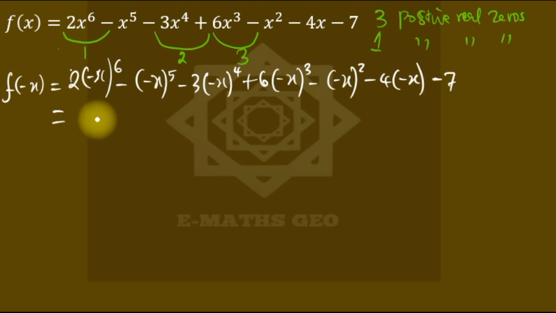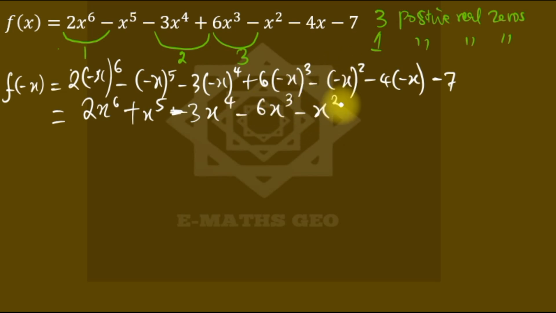This is still 2x raised to the power 6. This is negative, so plus x raised to the power 5. This is positive, minus 3x raised to the power 4. This is negative, so minus 6x raised to the power 3. This is positive, minus x raised to the power 2, plus 4x, minus 7.